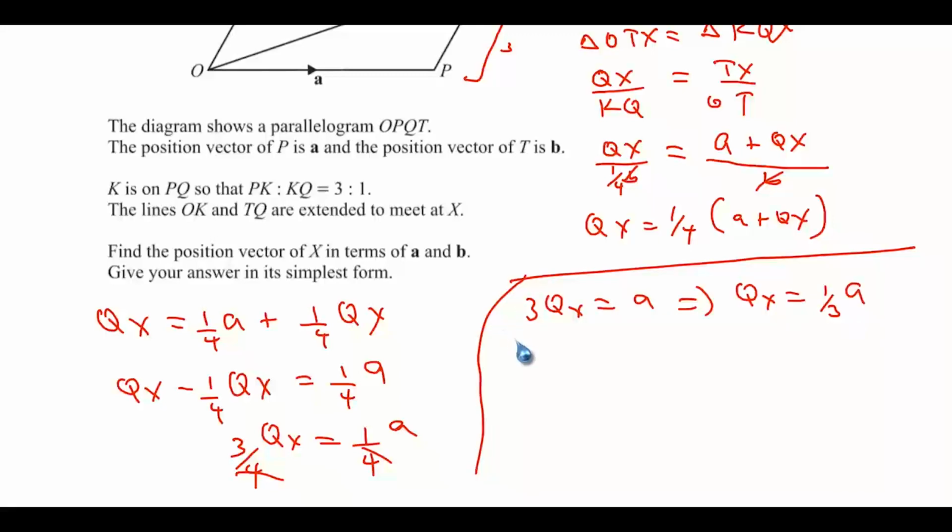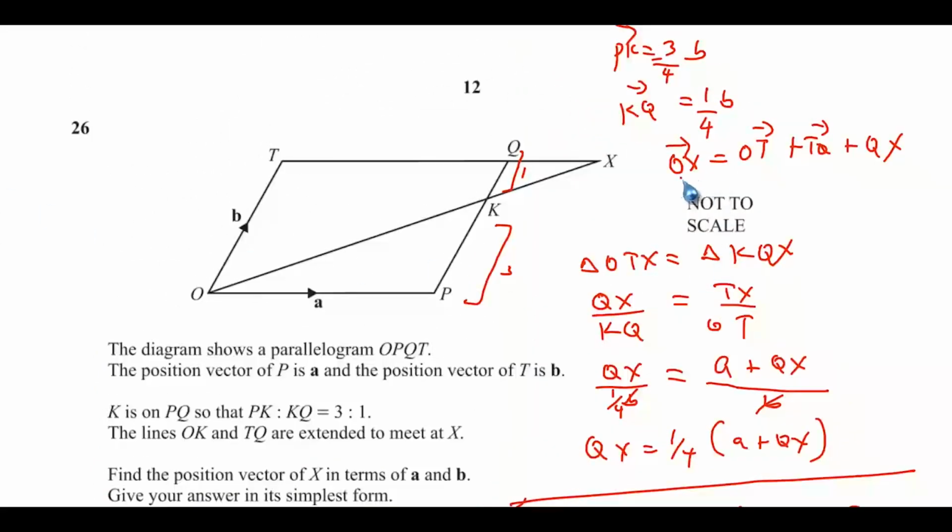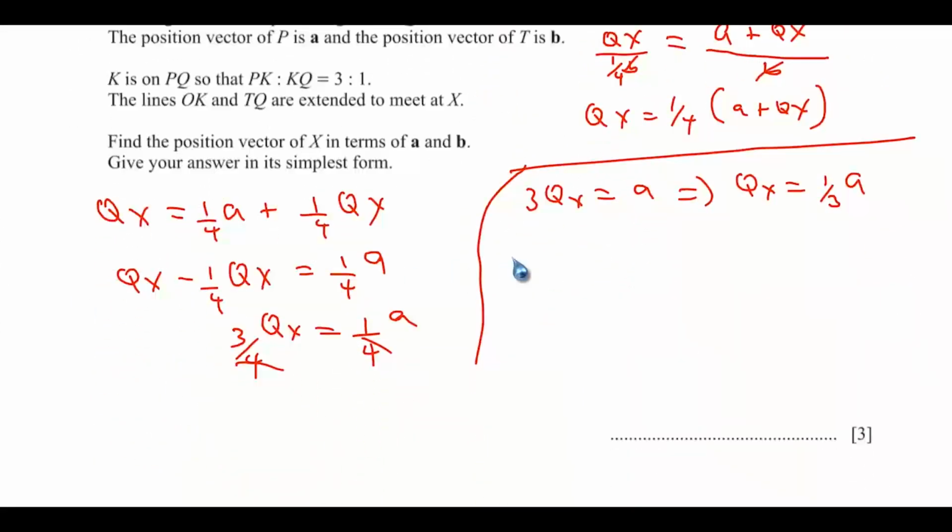Then I can now substitute the value into this equation here. So that is vector OX. We'll say OX is equal to OT, that is vector B, plus TQ, that is vector A, then plus vector QX, that is A over 3.